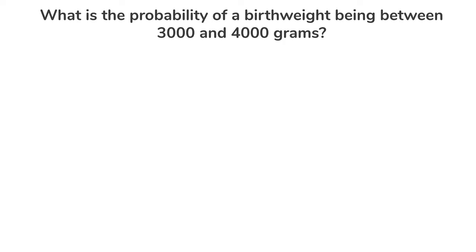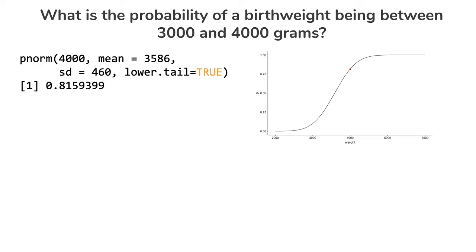Okay, we can also ask what's the probability of a particular birth weight being in a range of values. In this case, we first compute the probability of birth weight being 4,000 grams or less. That comes from using this pnorm function again, and we find that that is 0.815.